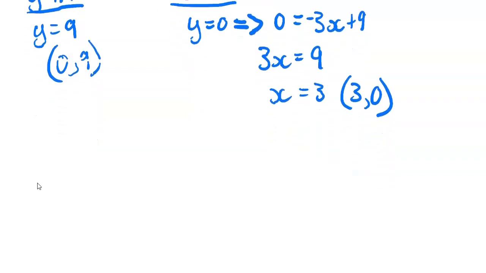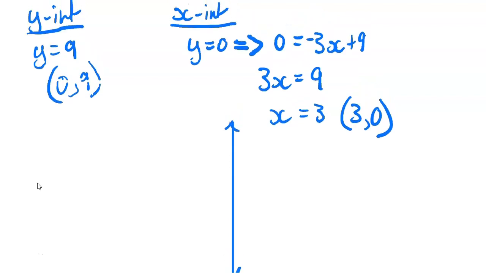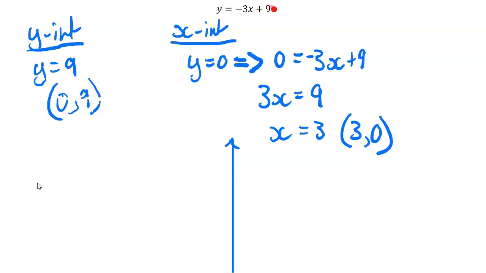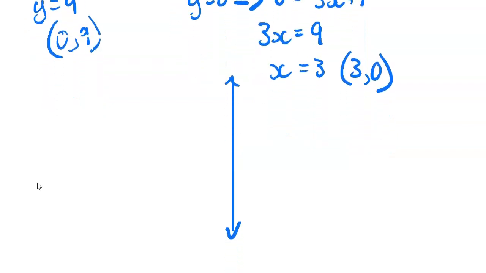Okay, so let's sketch this up. So the good thing is you should be able to start to guess what graphs will look like before you even start sketching, because that tells you if it's positive or negative slope, and that tells you your y-intercept.